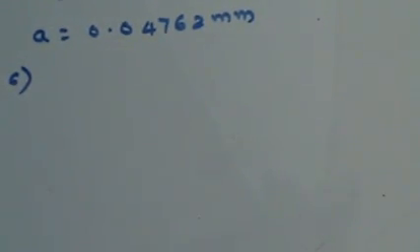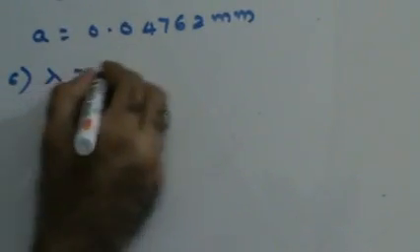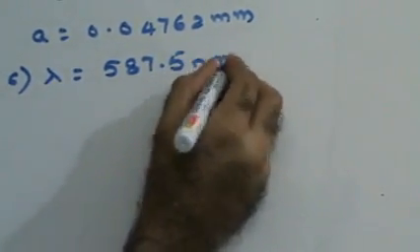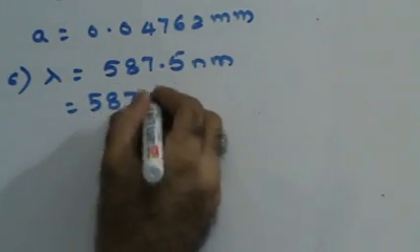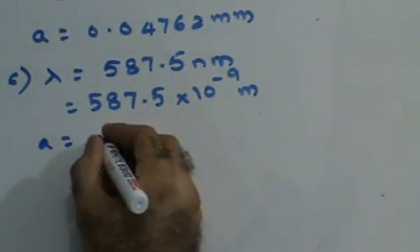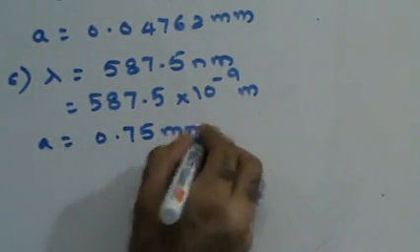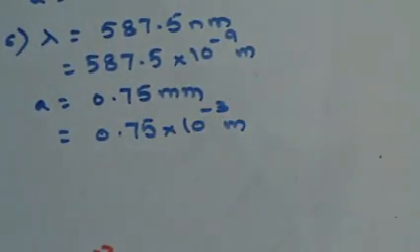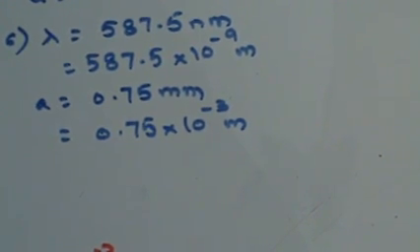Right? Take down next one, please. A light of wavelength 587.5 nanometers illuminates a slit of 0.75 millimeter.